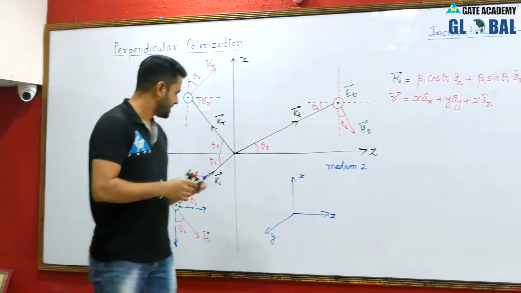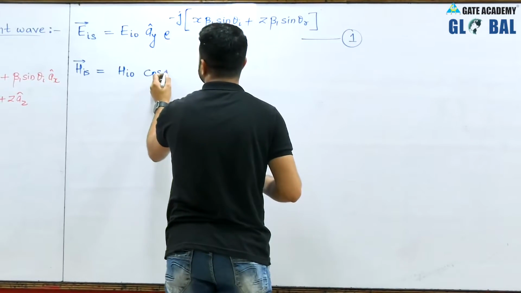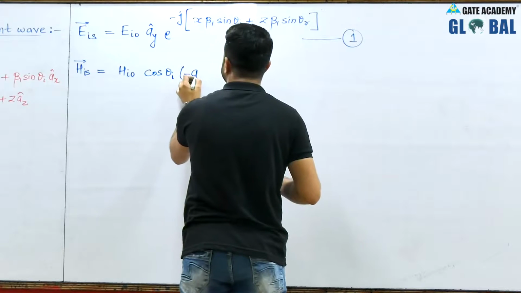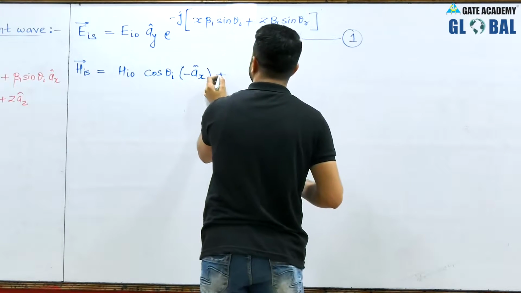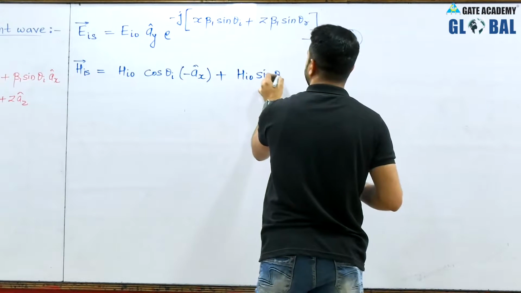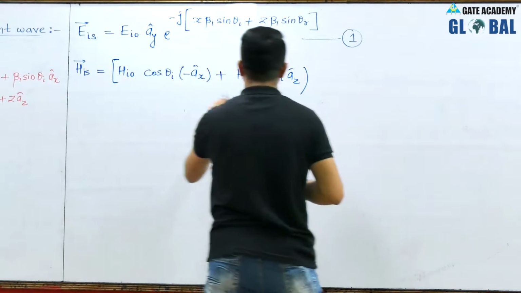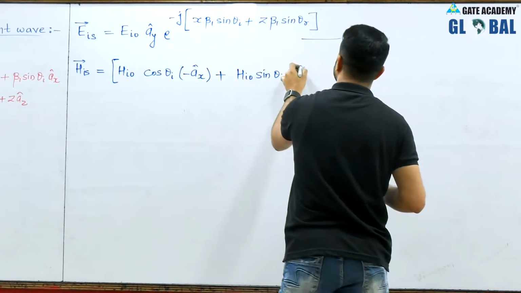So the cos component is in the negative x direction. So HI naught cos theta I in the negative x direction and HI naught sin component is in the positive z direction. So this is the value of the magnetic field components.